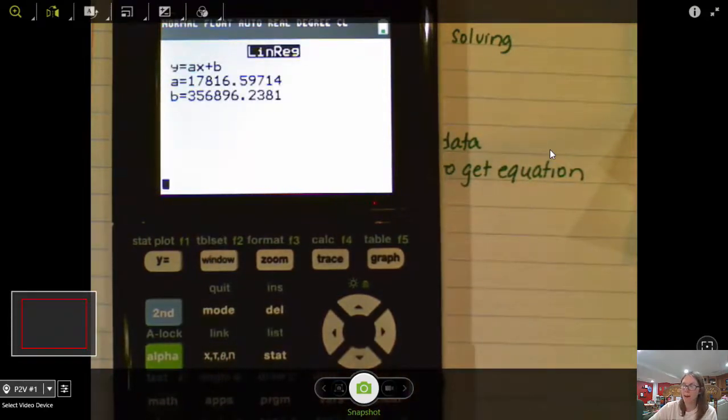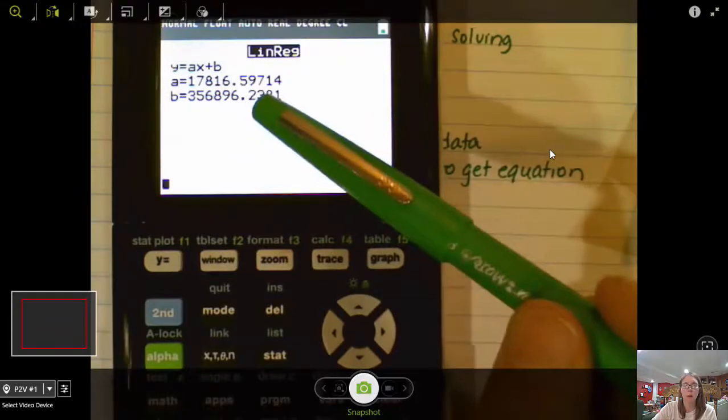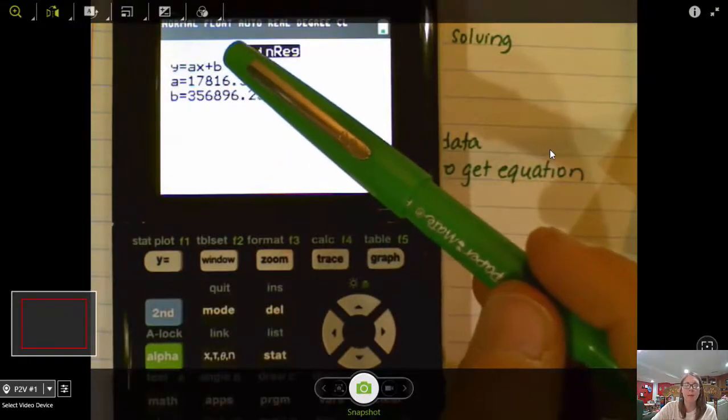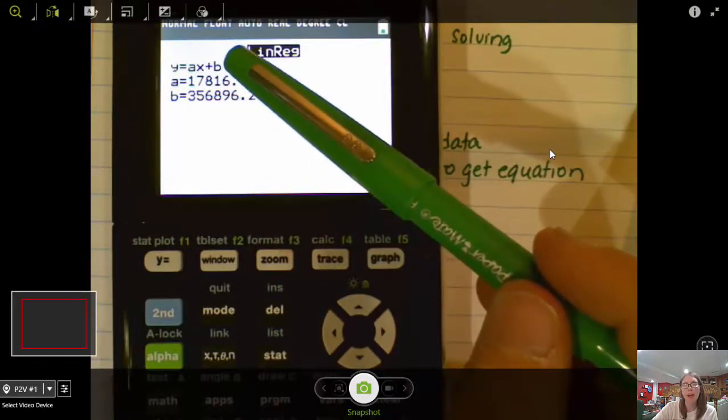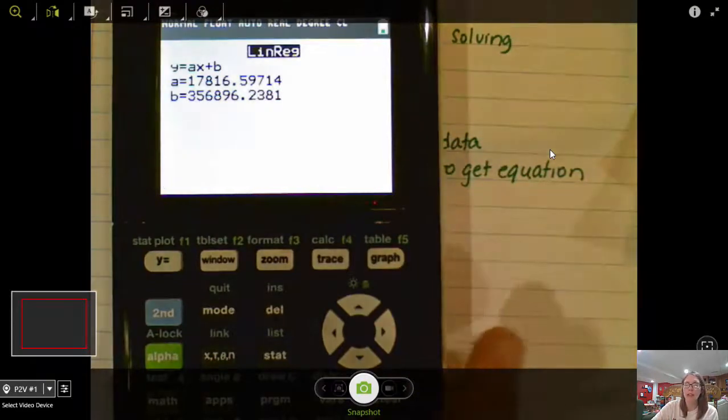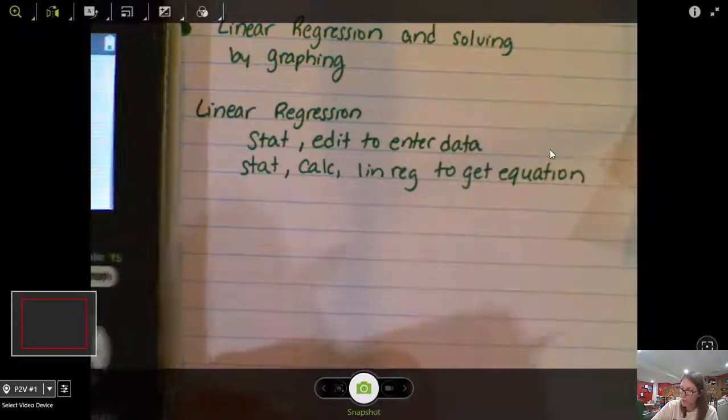and here's the cool part. My calculator gives me this equation, in this form up here, y equals ax plus b, and that is going to model San Diego's population.